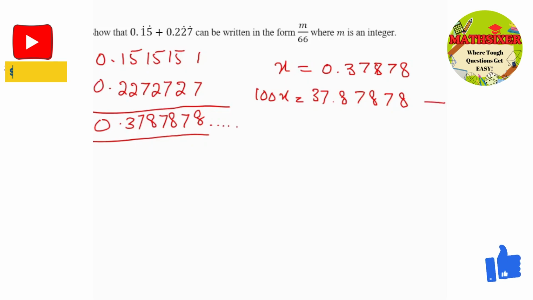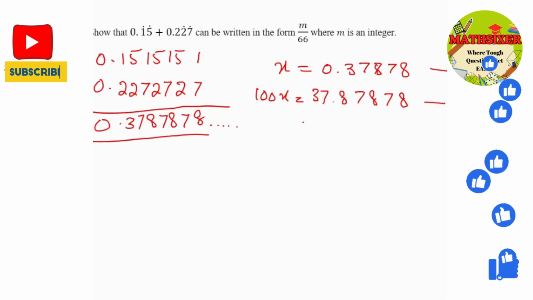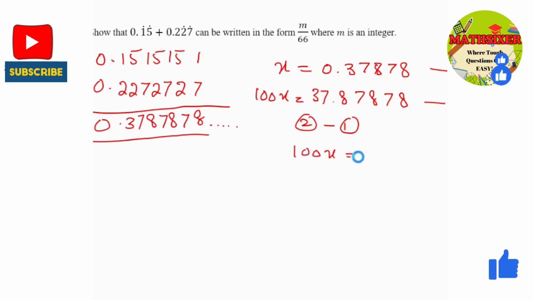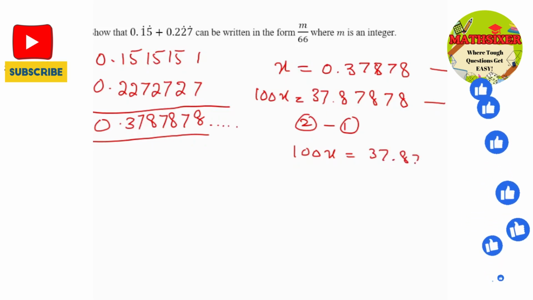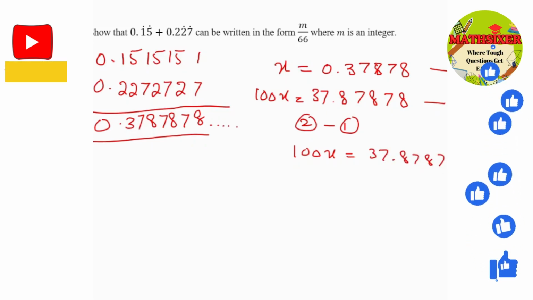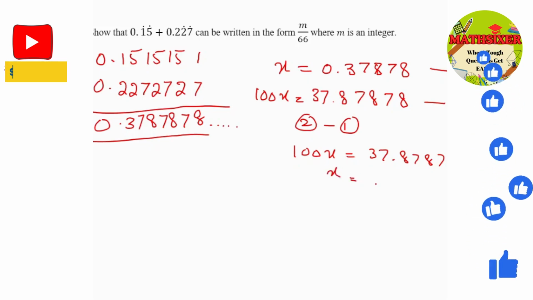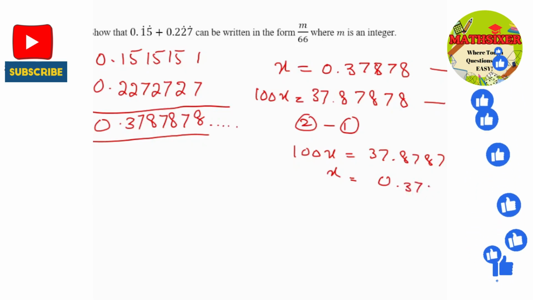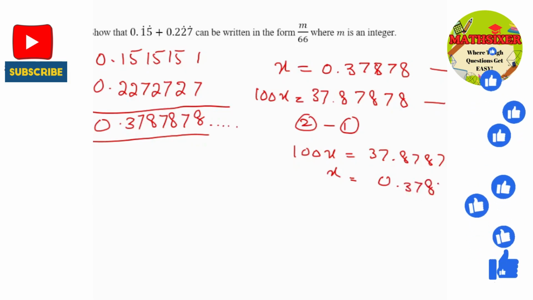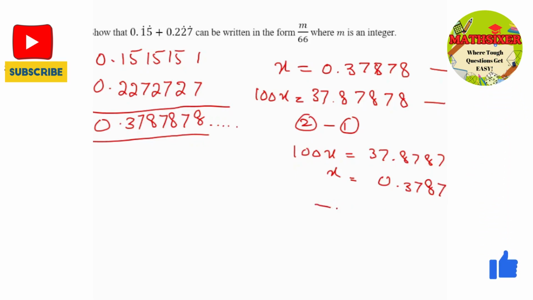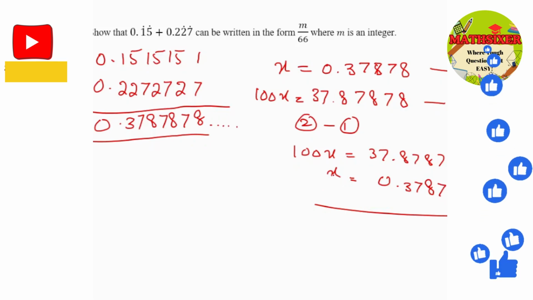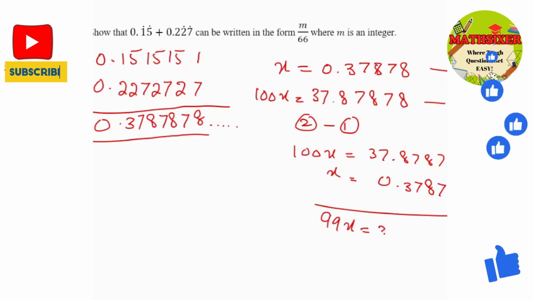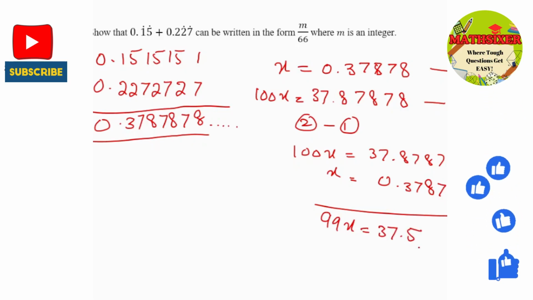Okay, now let's do the takeaway. This is equation number 2, and this is equation number 1. Let's do 2 minus 1. So 100x is equal to 37.8787 recurring, and x is equal to 0.378787, and we're going to subtract. That gives us 100x take away 1x, which is 99x, and that gives us 37.5.